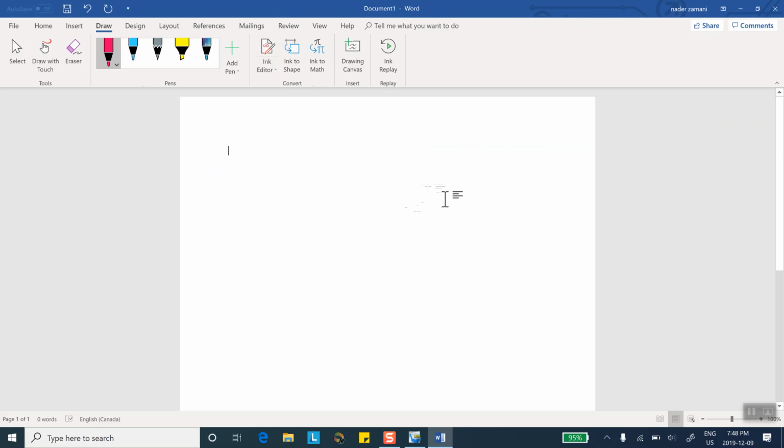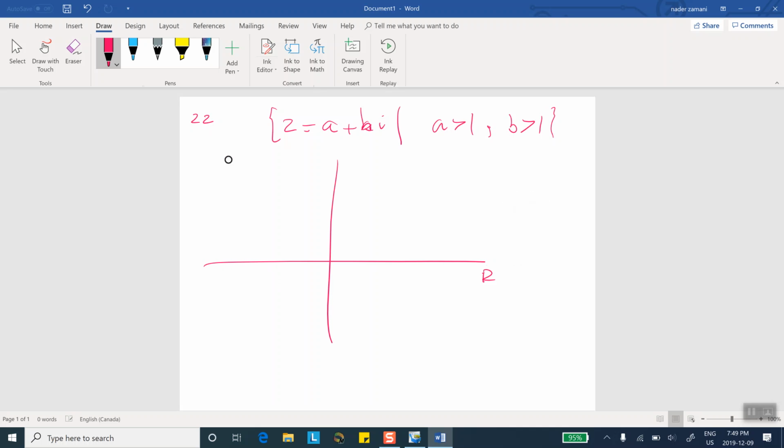Next one is number 22. All complex numbers z equal to a plus bi, such that a is bigger than 1 and b is bigger than 1. So once again, the complex plane looks like that. This is the real part, this is the imaginary part. Anything with the real part bigger than 1, if this is a 1, is to the right of that line.